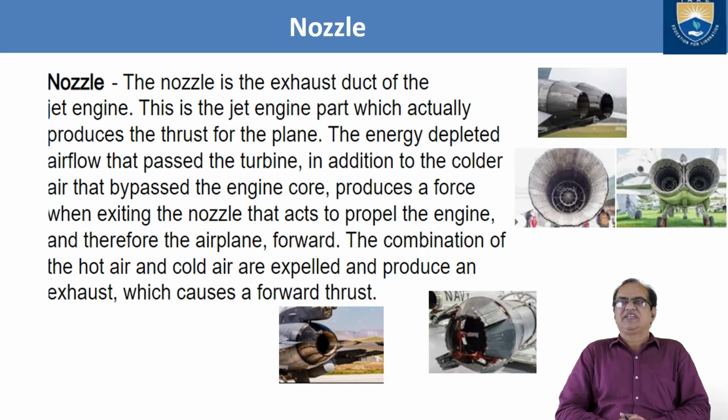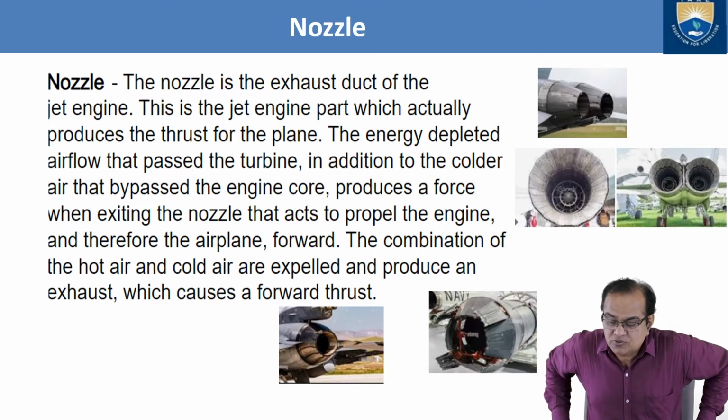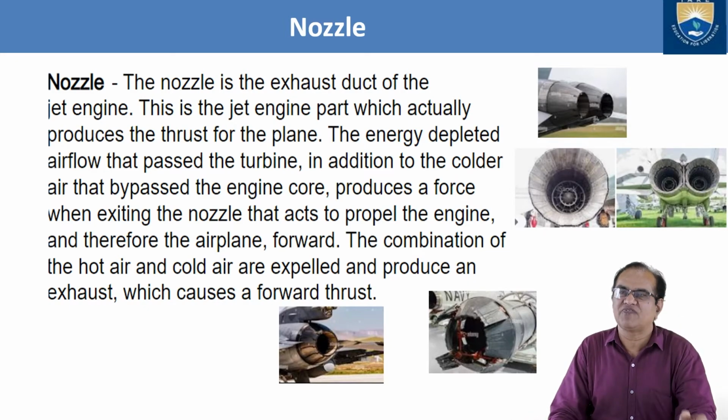The energy depleted airflow that passed the turbine, in addition to the colder air that bypassed the engine core, produces a force when exiting the nozzle that acts to propel the engine, and therefore the airplane, forward. The combination of the hot air and the cold air expelled at the exhaust causes a forward thrust.